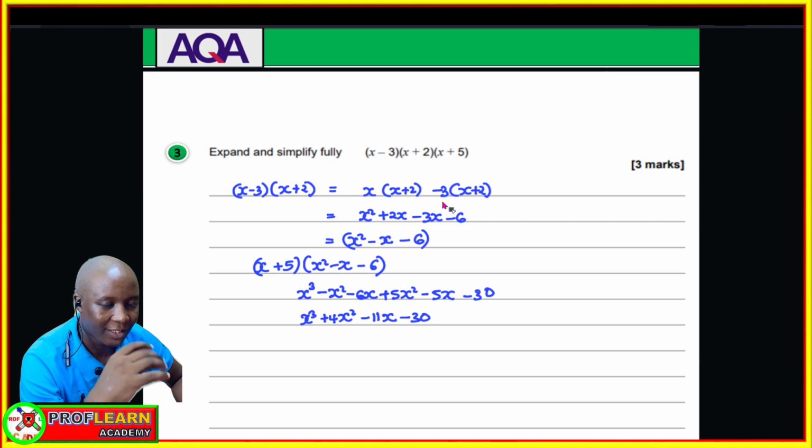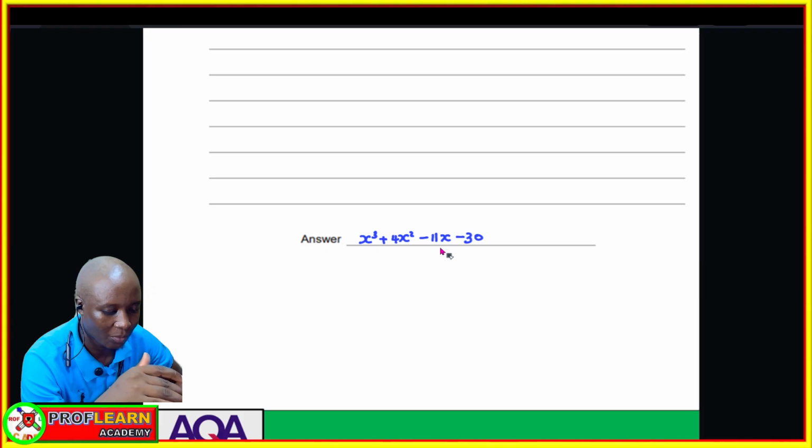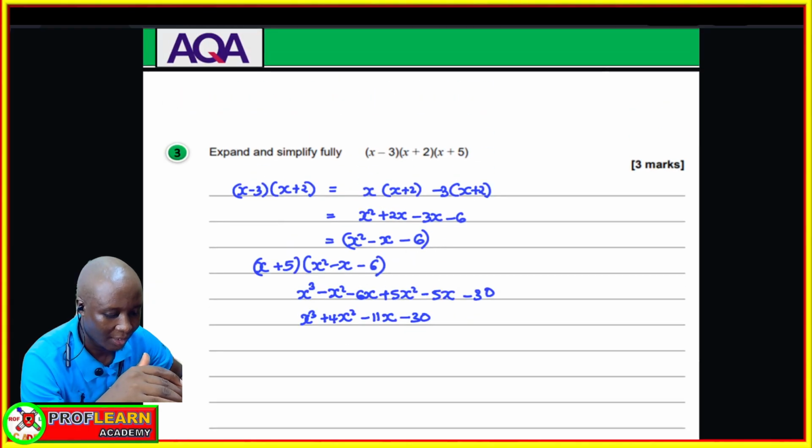When you expand, you have to ensure you remember to put the like terms together. Be keen with the signs whenever you are expanding, and then you put the like terms together to solve that, and the expression will become as shown here.